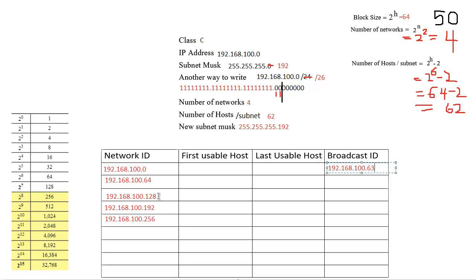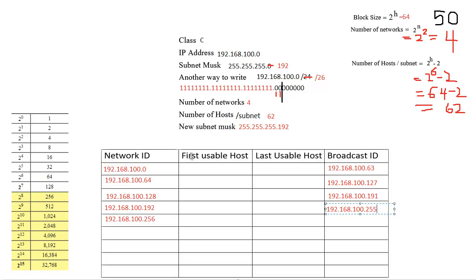This is 128, so broadcast will be 127. And the next broadcast ID for this subnet will be just before this one, so 191. And the broadcast for this network will be just before this one, so 255.